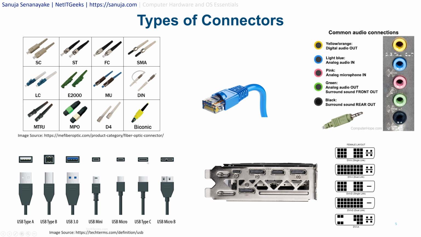So it is an omnidirectional type of connector. But if you look at the USB Micro B, it has this notch, so it only goes in one way. And if you look at the mini USB, it also has a specific design, so it will only go in one direction.